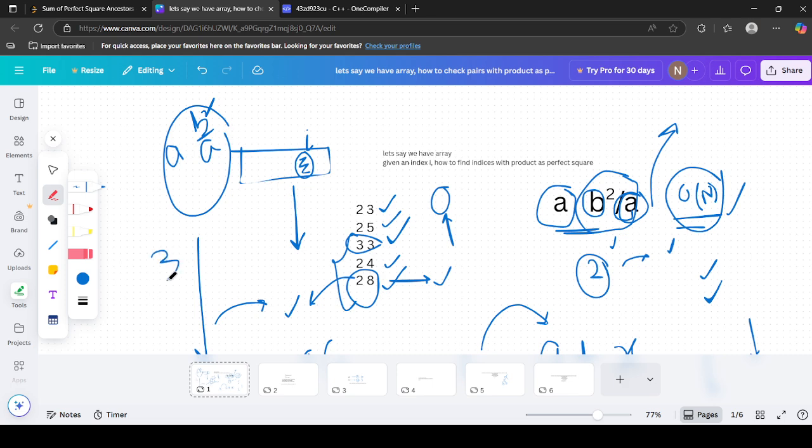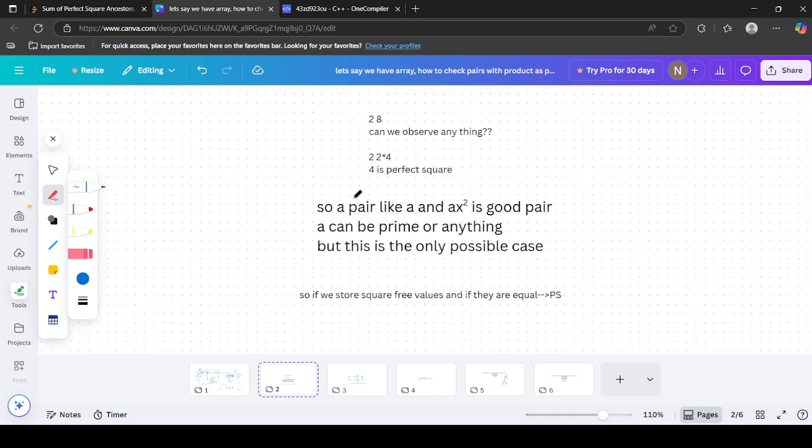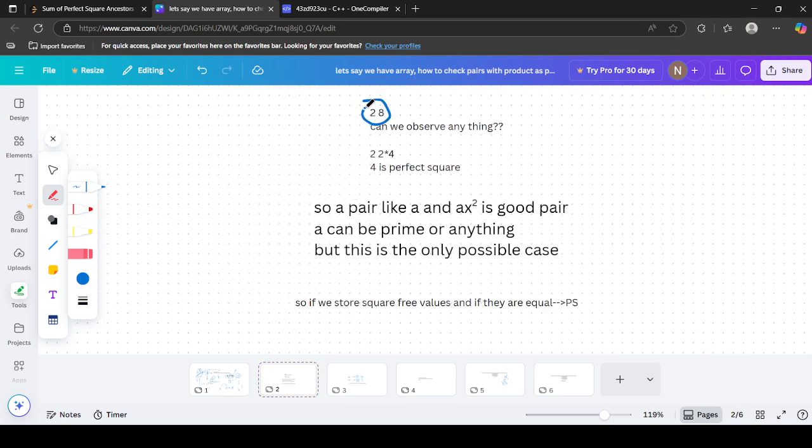So given 3, we cannot try to find all the values which have b square by a. This can be simply refactored in another way. What is that? If we clearly observe 2 8, can we observe anything? So 2 8 is simply 2 and 2 into 4, right? So 4 is a perfect square.